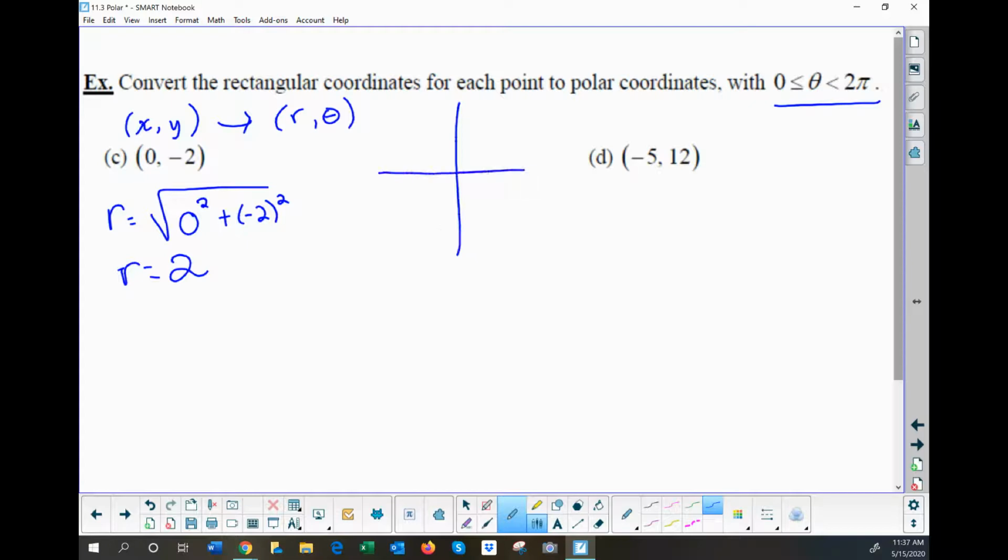Not a huge surprise. Once I said, oh, I should have been thinking, that's just going to plot out right there. And I really don't need a whole lot of help getting myself there, do I? This will be the ordered pair of r being 2, which I could have told, right? R is 2 units down, radius of 2. And then I need 3 pi over 2 for an angle.